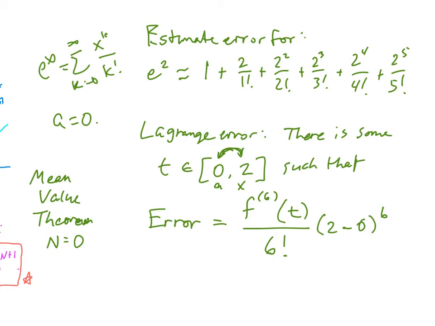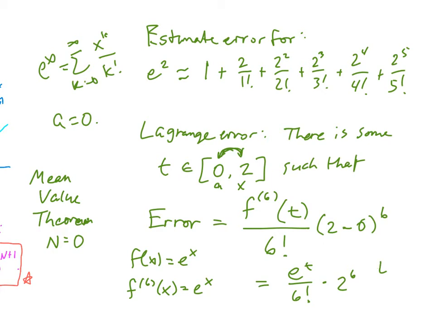Now, what is f sixth derivative at t anyway? The sixth derivative of f is just e to the x. Every derivative of that, including the sixth derivative, is just e to the x. So this error here is just going to be e to the t over 6 factorial times 2 to the sixth. And remember, t is some number between 0 and 2.